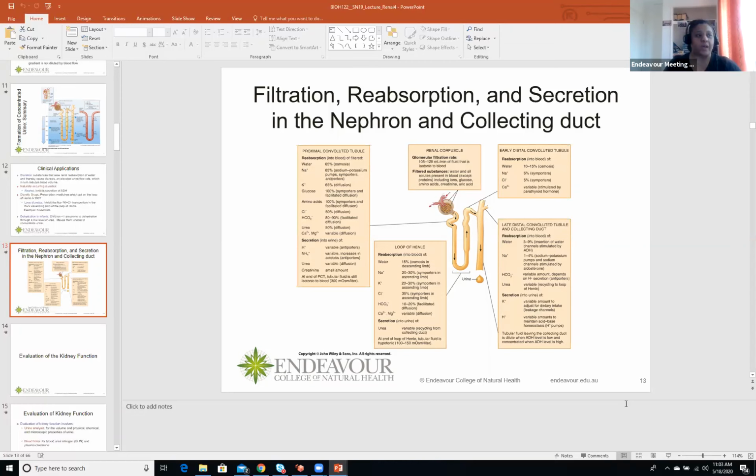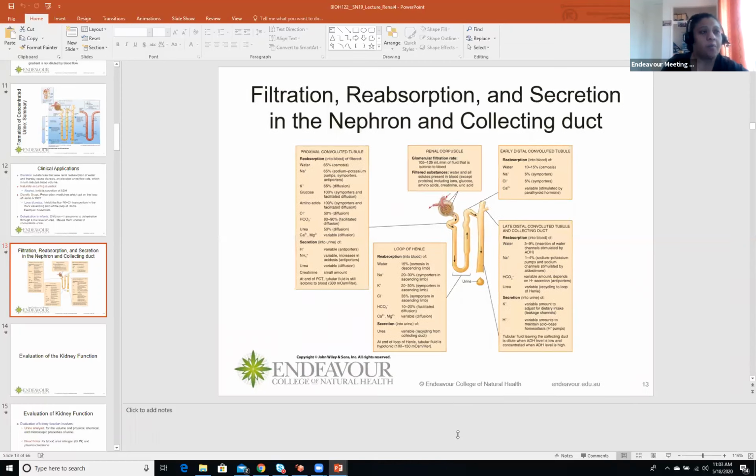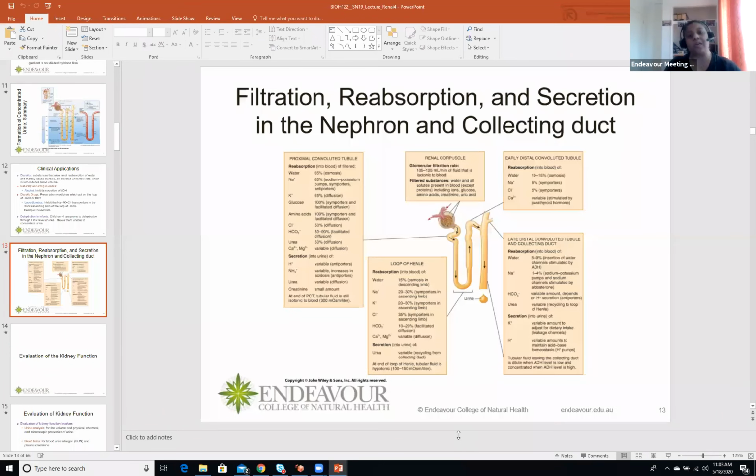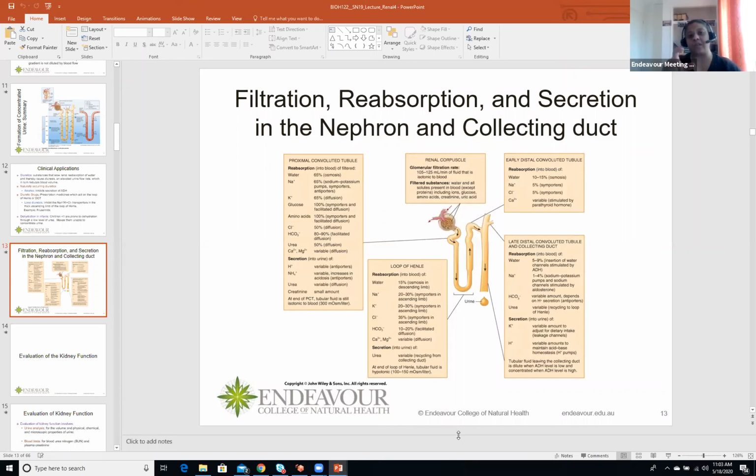If you look at this diagram here, you can clearly see that the majority of reabsorption of substances is taking place in the first part of the nephron, which is the proximal convoluted tubule. This is the part that reabsorbs about 65% of water, and almost 50 to 55% of your electrolytes, or the salts, like sodium, potassium, chloride, bicarbonates, all of this, right?